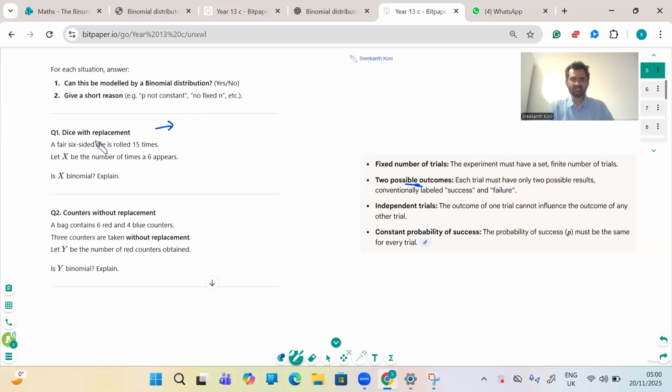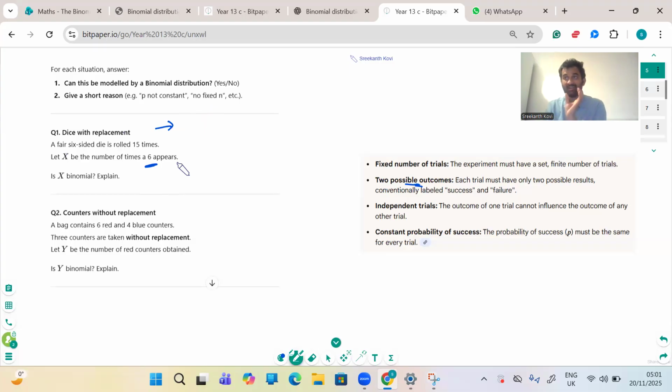So, dice with replacement. A fair 6-sided die is rolled 15 times. X is the number of times a 6 appears. Number of times, see, every time they are doing the same experiment, remember.